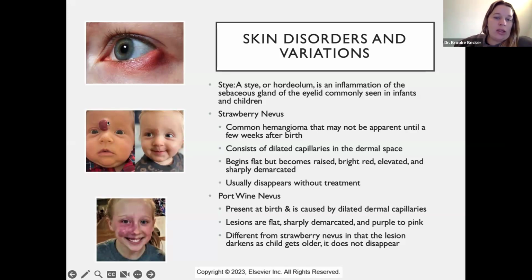Okay, and you can tell that this kiddo's had like laser treatment on this nevus. So usually it gets better without treatment, but if it's really large, then they'll do some laser treatments, or they'll do some topical medications that reduce the appearance of the hemangiomas. The other thing with hemangiomas, if kids have multiple hemangiomas in different places in their body, that might be suggestive of a disorder.